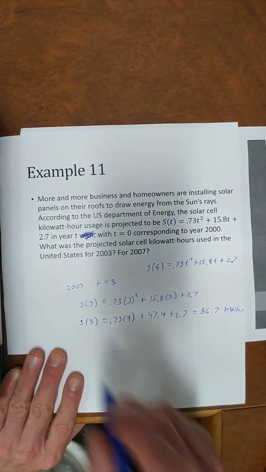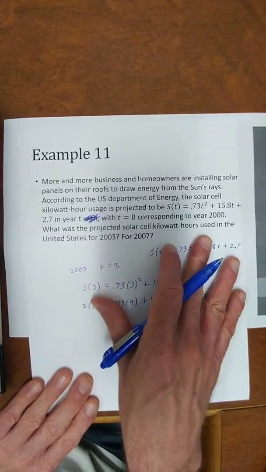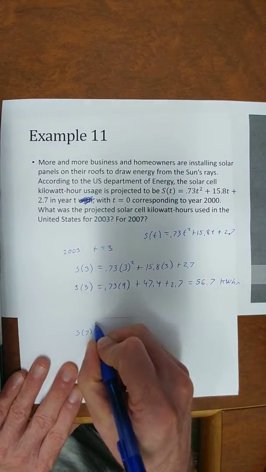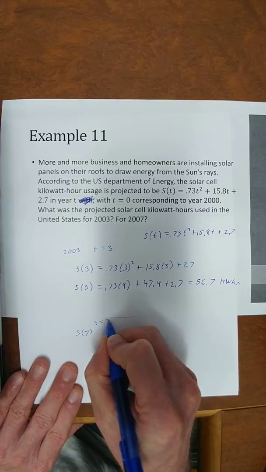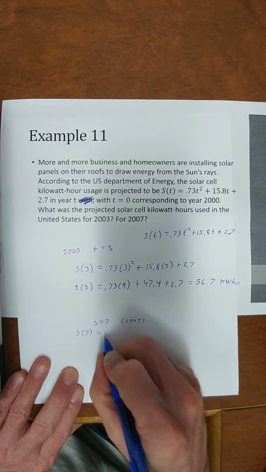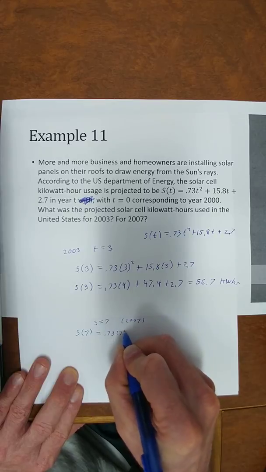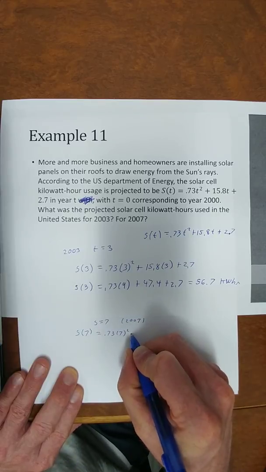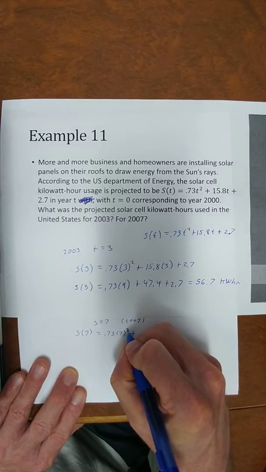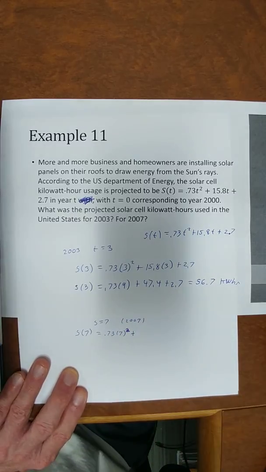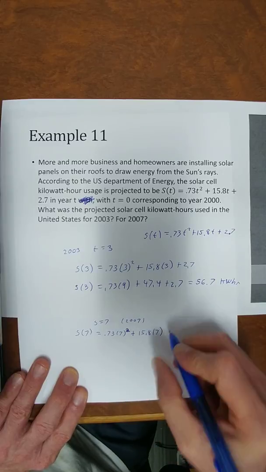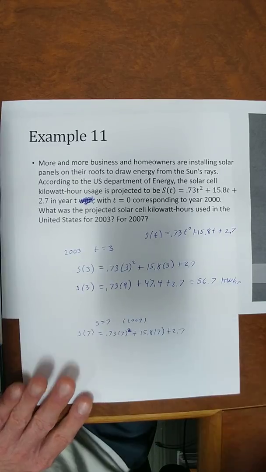Okay, let's do 2007. For 2007, we'll use T is 7. So that would be 0.73 times 7 squared plus 15.8 times 7 plus 2.7.